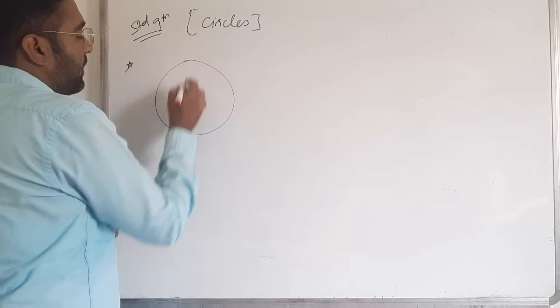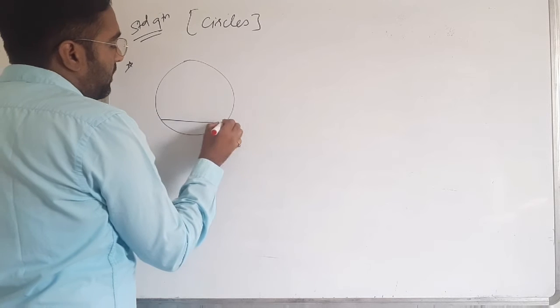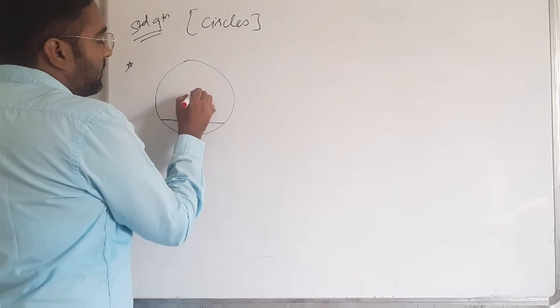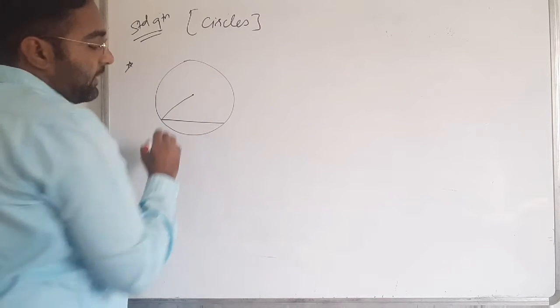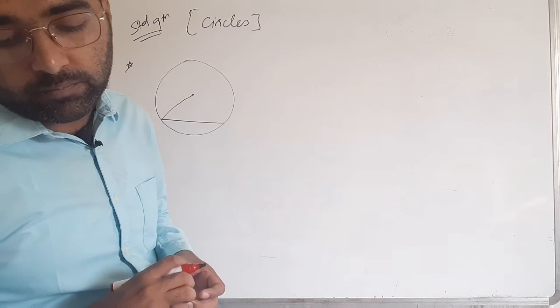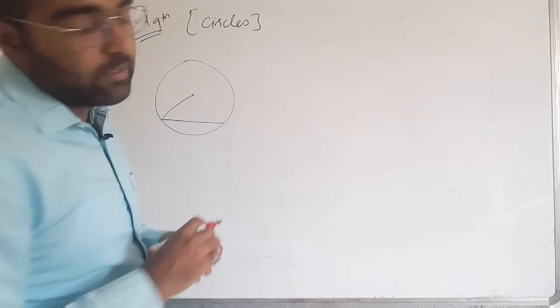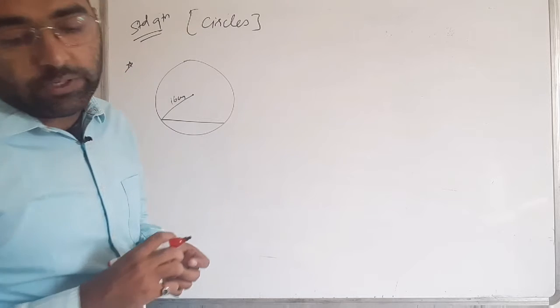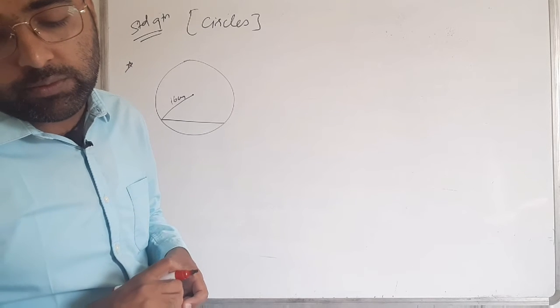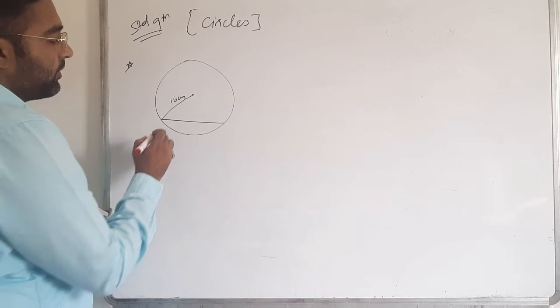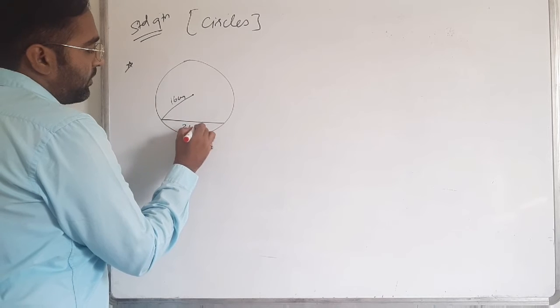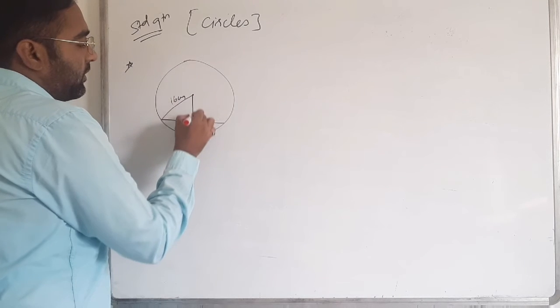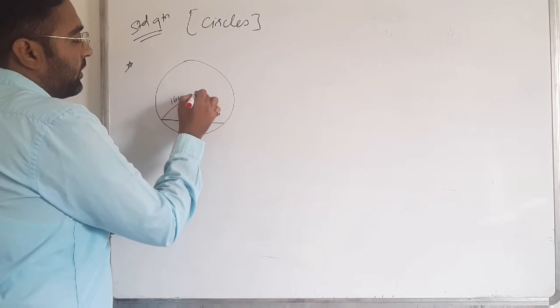Here the radius of the circle is given as 16 centimeter and the length of the chord is equal to 24 centimeter. I need to find the distance from the center of the circle.